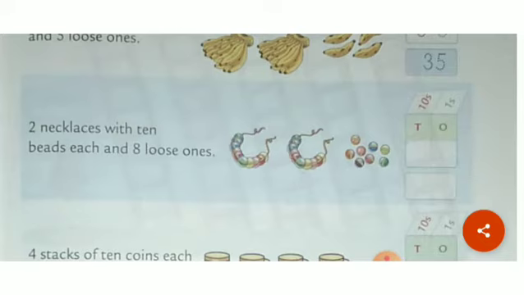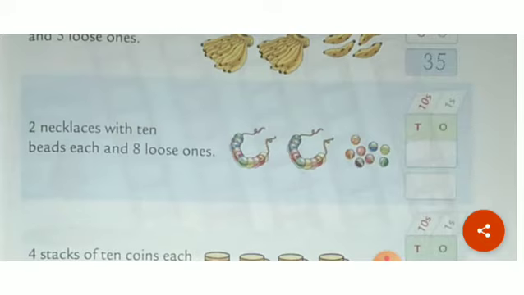Buntings were given, isn't it? In the same way here, somewhere bananas, somewhere beads, somewhere coins are given. If the objects are given in tens groups, that count we will write on tens place, and if the objects are given separately as single count, that will be written on ones place.